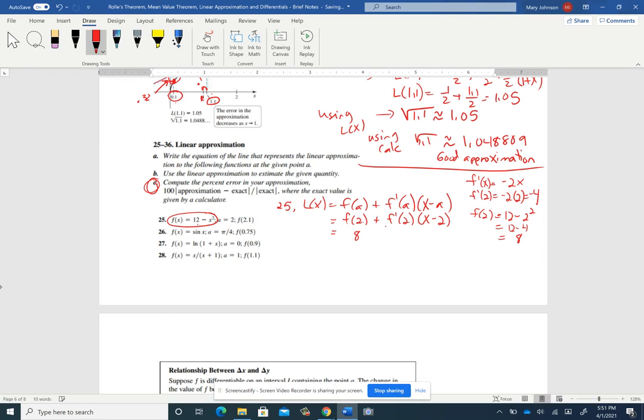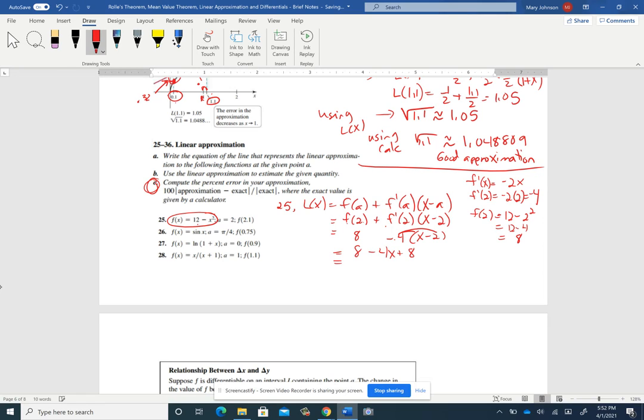So f of 2 was 8. F prime of 2 was negative 4. And then x minus 2 here. And this is really just plus a negative, so you can just say 8 minus that. Let's go ahead and distribute. So that would be 8 minus 4x plus 8.